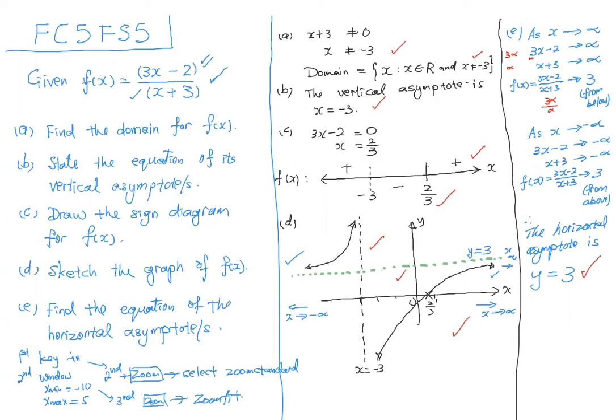Do you know you can get this answer from the calculator also? Do you want to know how to get it from your calculator? Okay. Do you see graph? There is a table there, on top of the button graph, there is the word table.